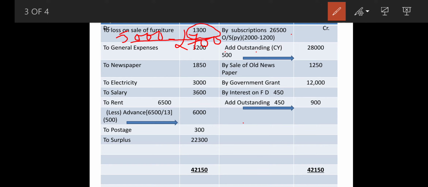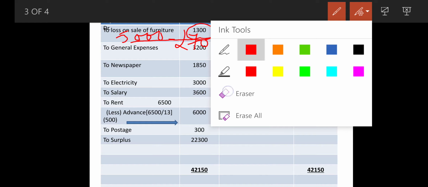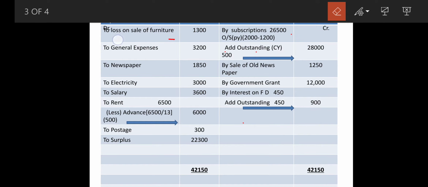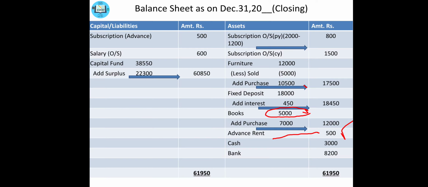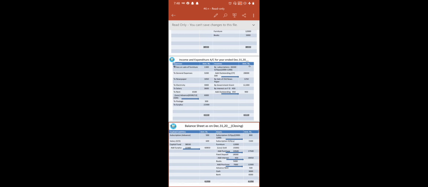Come to your closing balance sheet. Over there you write down plus purchase of books. How much rupees is there? It is 7,000. So add 7,000. So now your books is standing at 12,000. Clear?